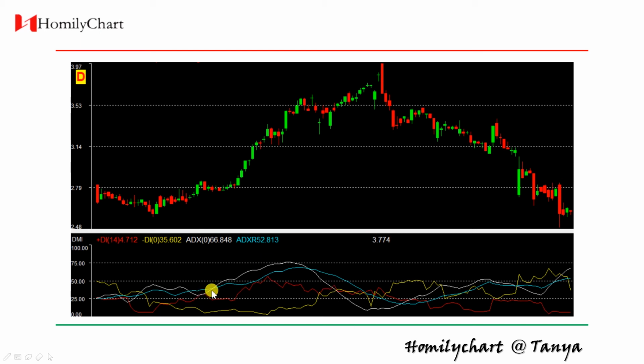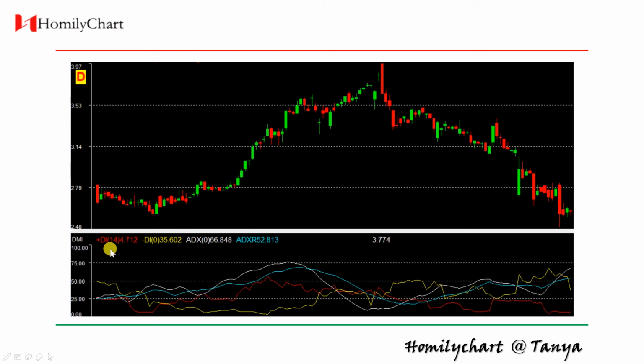Besides, the white line and the blue line represent the trend. Because we use plus DI and minus DI, we get the ADX and ADXR. So when DI is very big, then ADX will be big also. But if DI is very small, then ADX will be small.